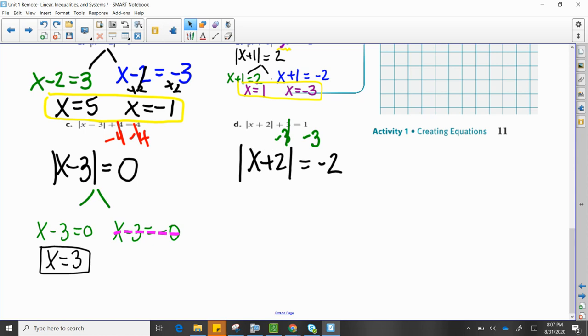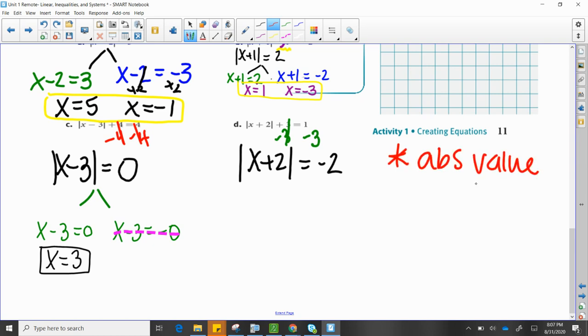The absolute value will always make it positive on the outcome. So in this case, an absolute value can never equal a negative. So let's just make a little note on the side here. Absolute value cannot equal a negative number. So if this ever happens to you, where your absolute value is all by itself, but your right side is a negative value, we have no solution.